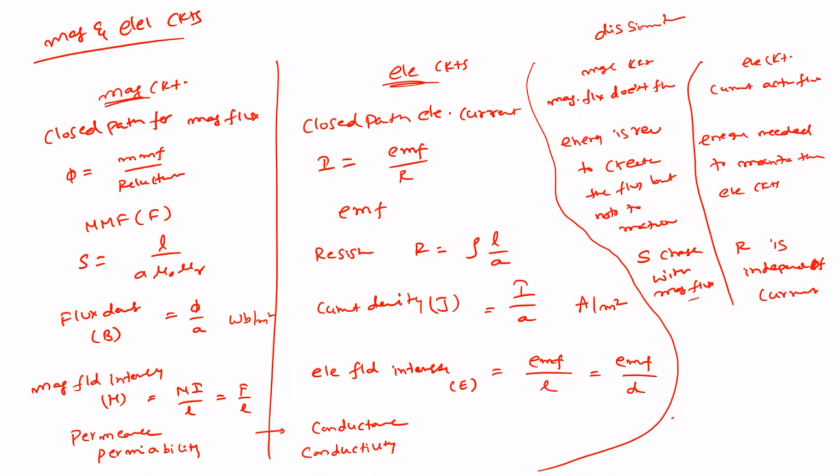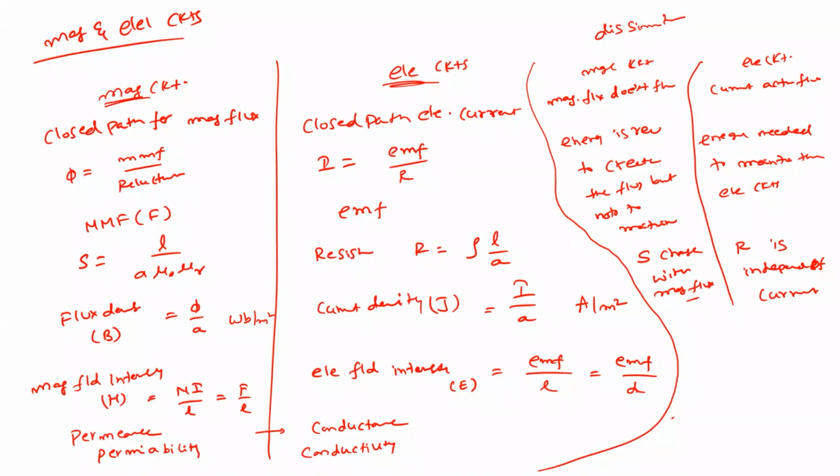When the magnetic flux changes, automatically the reluctance changes, right? So reluctance changes, but this resistance R is independent of the current.